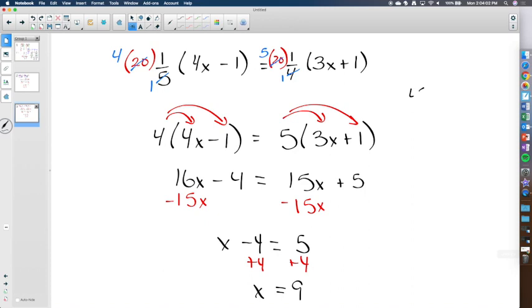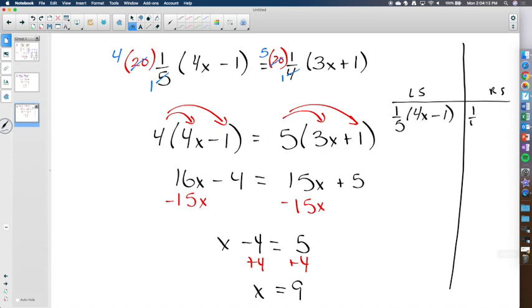Even if I was to go back and verify, we had 1/5 times 4x minus 1, and we had 1/4 times 3x plus 1, so go back to the original equation before we started messing with it.